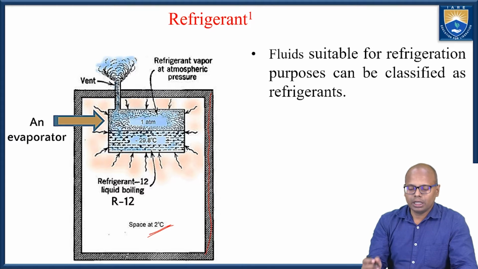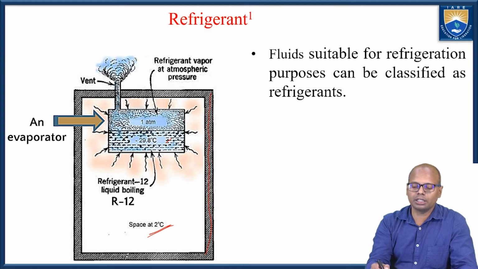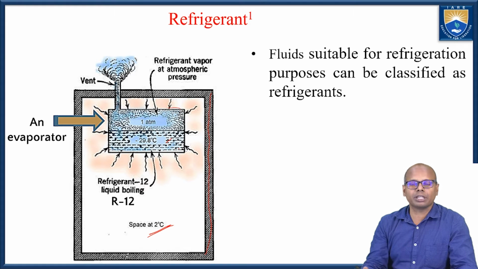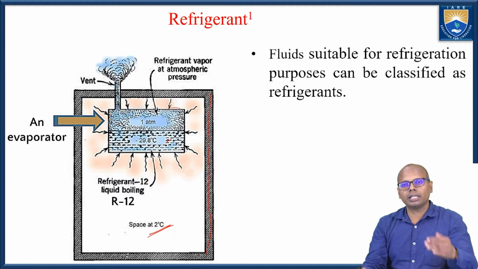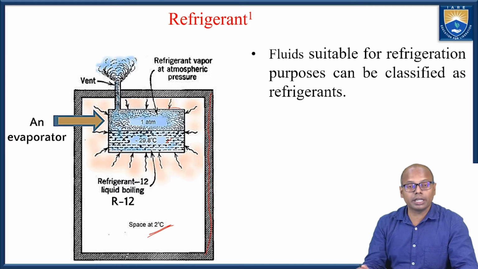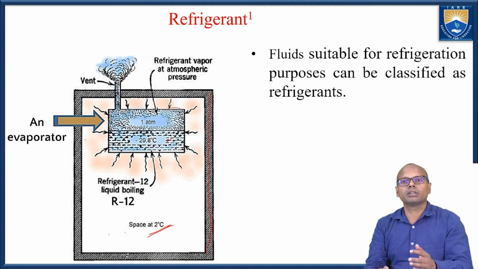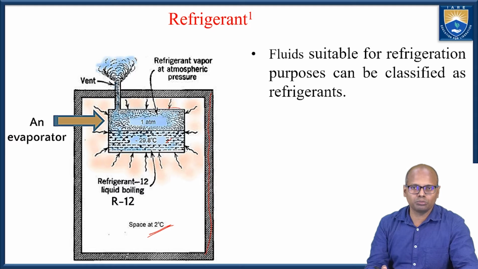Now, if I have a refrigerant which has a boiling point at 1 atmosphere, the room is at 1 atmosphere, and similarly the refrigerant is also kept at 1 atmosphere pressure, and at this pressure itself the refrigerant is supposed to boil.